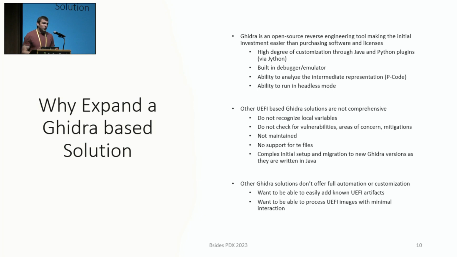That was one of the downfalls we saw with the EFI Seek solution. As I was making modifications and trying to share my code with others, I couldn't just share the plugin, because the plugin's unique per version of Ghidra. When I shared the code, they may or may not have been able to compile it, so there were a bunch of problems there. I found that moving it to Python was a lot easier.